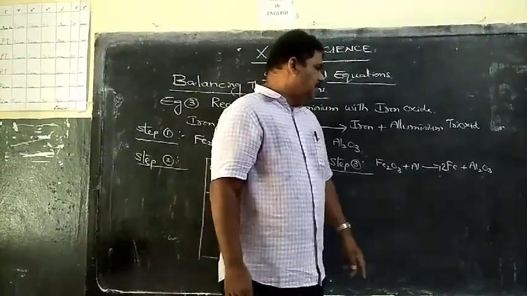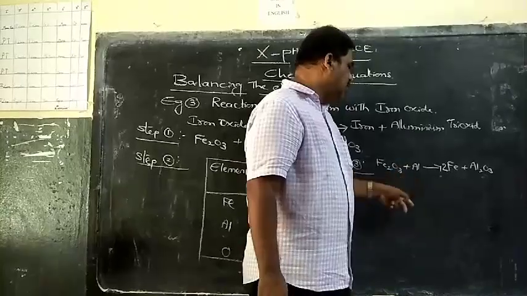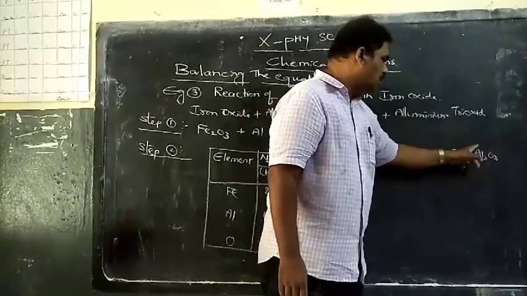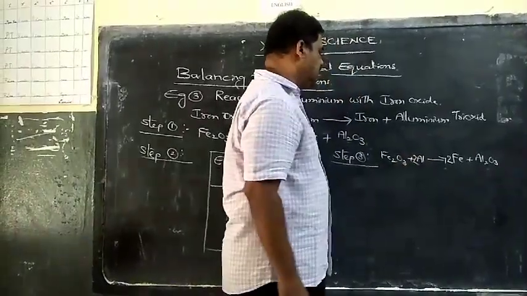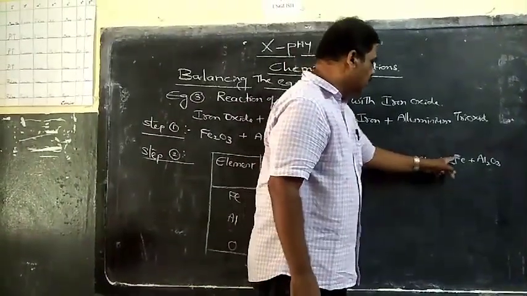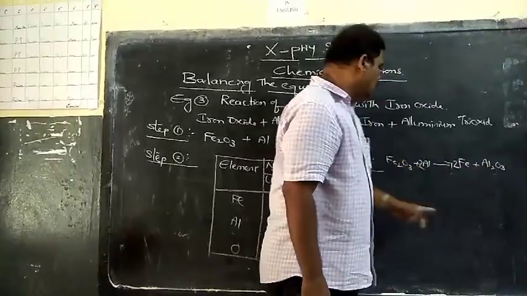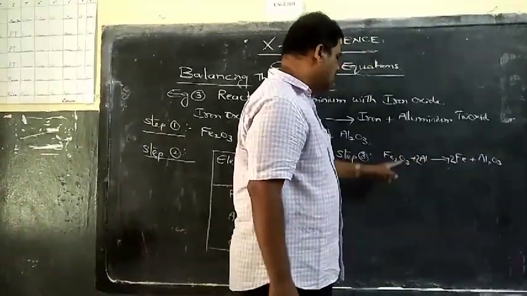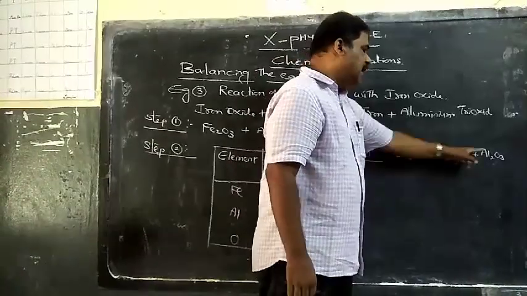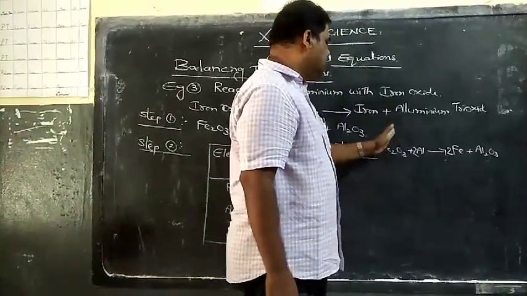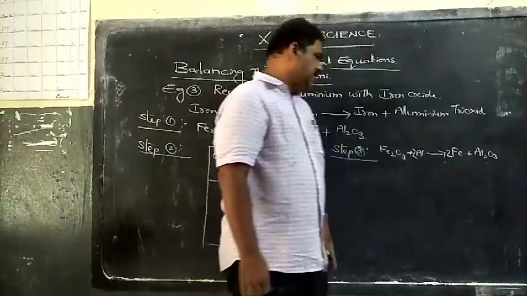Now see the aluminium. On the left side there is only one aluminium atom, but on the right side Al2, two aluminium atoms are there. So here I am writing 2 as a coefficient. So 2 Fe gives 2 iron atoms, and Al2 gives 2 aluminium atoms. Oxygen is already balanced. So like this we should balance the equation. The number of atoms of iron on the left side and right side is the same.